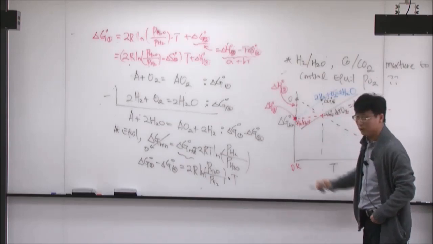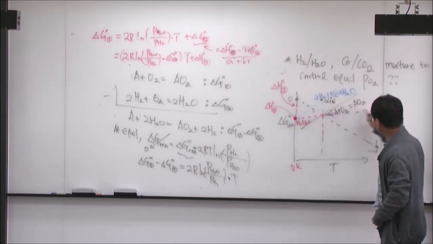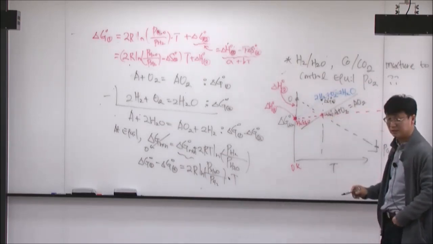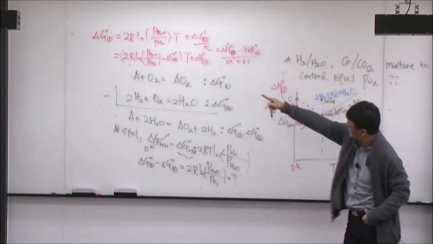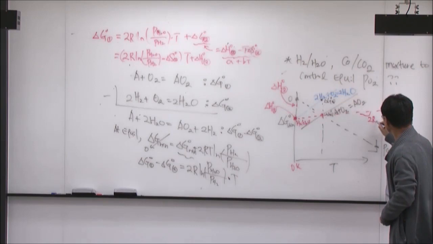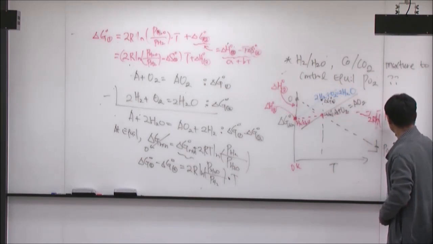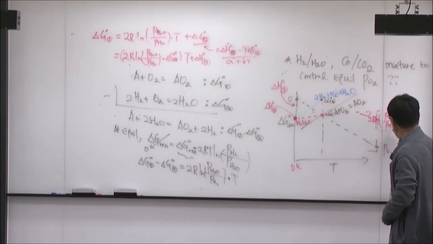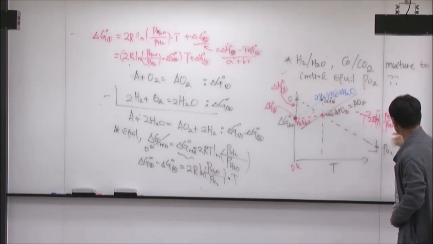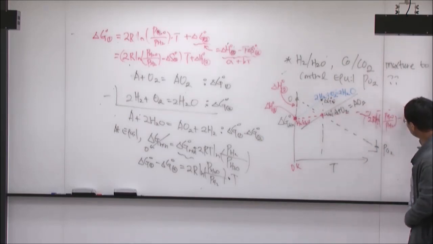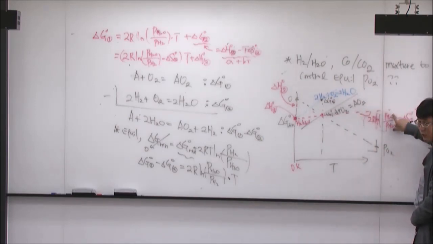So if I take this point and draw the straight line to this delta G naught 1, the slope here is 2R ln pH2O over pH2 minus delta S naught 1. This is constant, so I can draw each of these slopes and then define what this value will be.